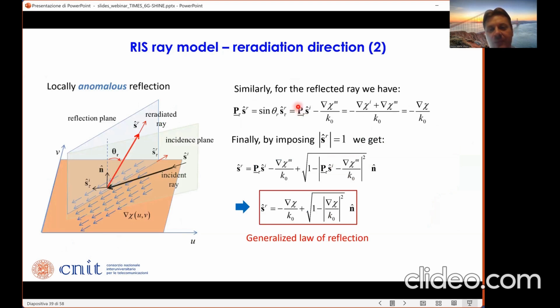And if we rewrite the previous expression according to this assumption, we have immediately this result. The tangent component of the reflection direction SR is equal to the opposite of the total phase gradient divided by the wave number.